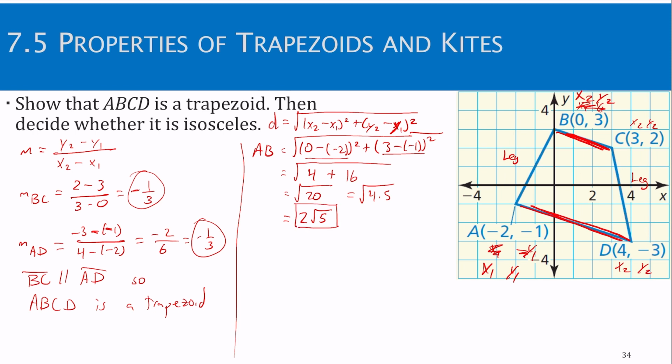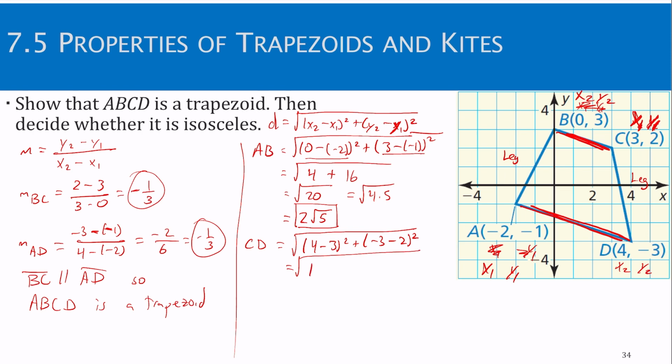Let's find the other leg, CD. C, I'll call x1, y1, D can be the 2's. So x2 is 4, x1 is 3, y2 is negative 3, y1 is 2.